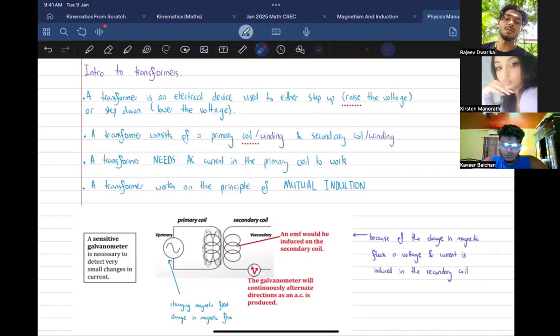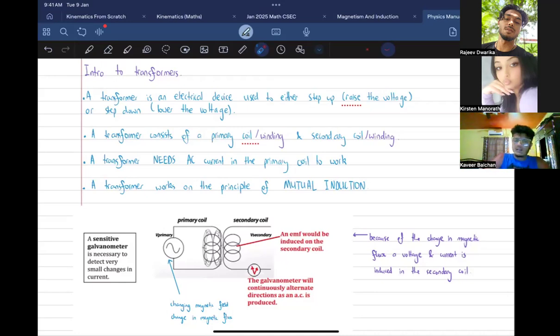Justin, that isn't right, it's a change in magnetic field. What do you think it should be? The arrow pointing to the alternating current.